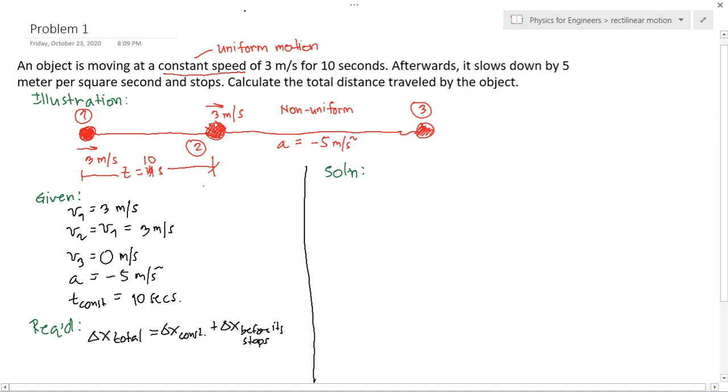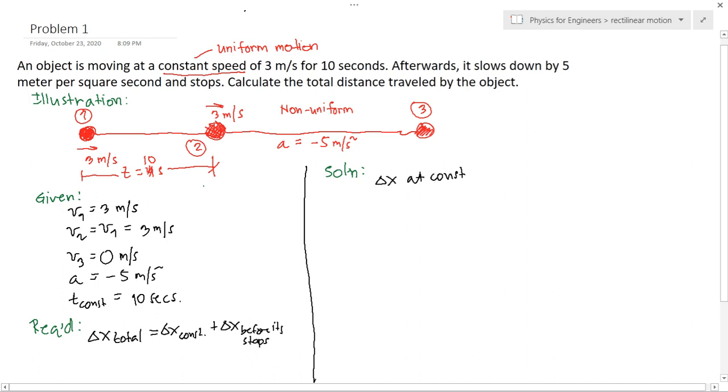For our solution, since we don't have delta x, and since we have the initial velocity for the non-uniform, which is v3, and then we also have a final velocity which is 0 kasi nag-stop na siya, and then meron din tayong acceleration, therefore pwede na natin makuha yung delta x. But before that, let's just solve for the delta x at constant speed.